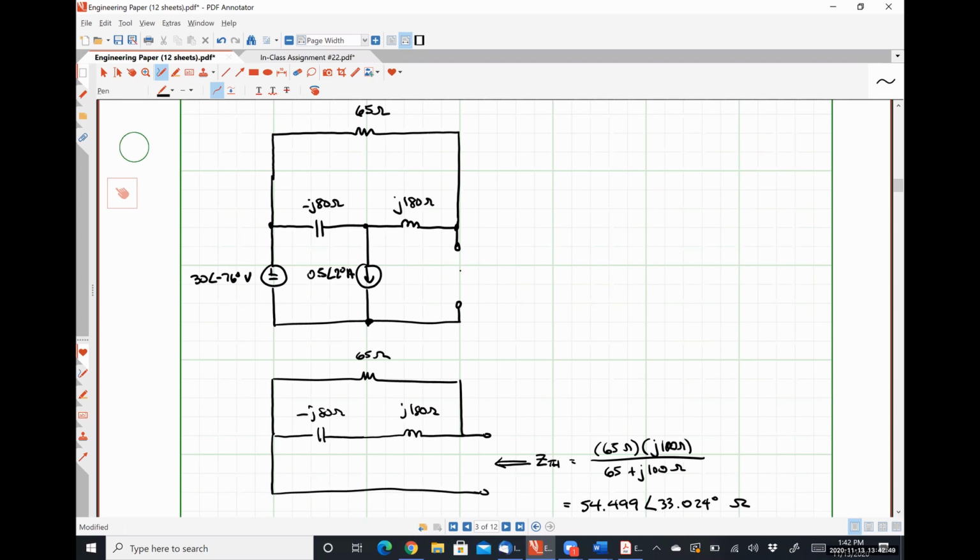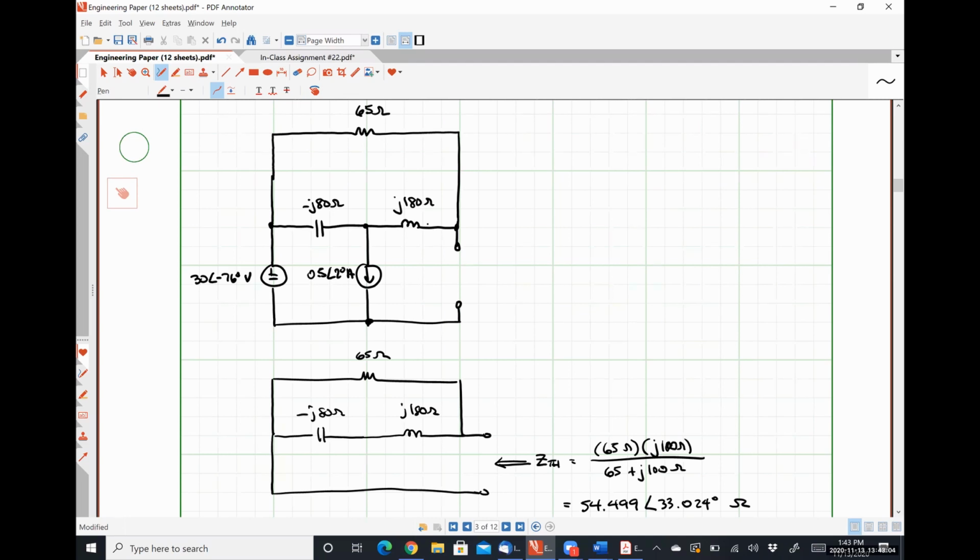There's 3 window panes, no practical voltage sources that we could convert to practical current sources, and similarly, no practical current sources that we could convert to a practical voltage source to simplify anything.